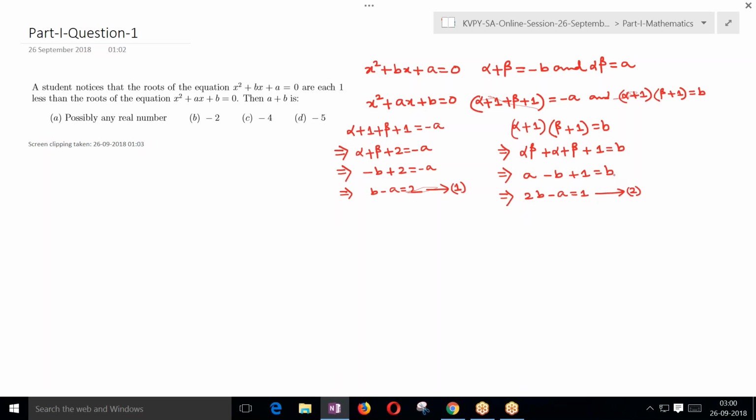Now if we solve equation 1 and 2, we will get the value of a equal to minus 3 and b equal to minus 1. I am not solving here because it is quite straightforward.